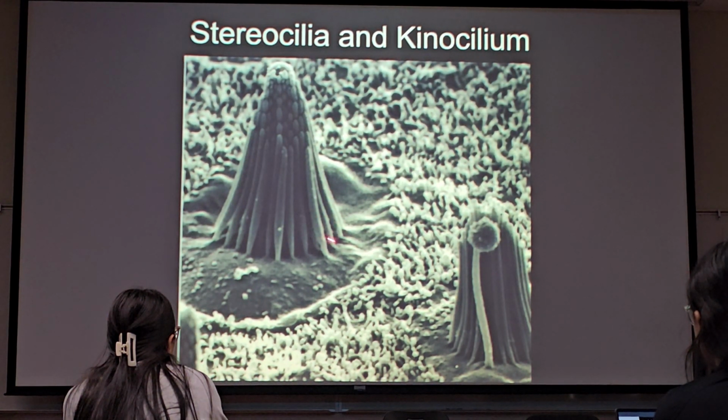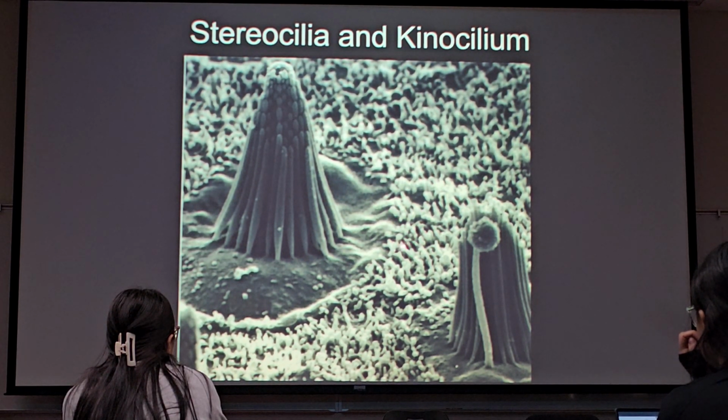Here are the stereocilia and the kinocilia coming out of the top surfaces of the hair cells. So we have a whole bunch of stereocilia, always with one kinocilium.